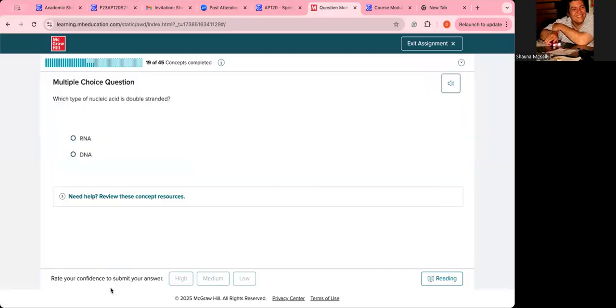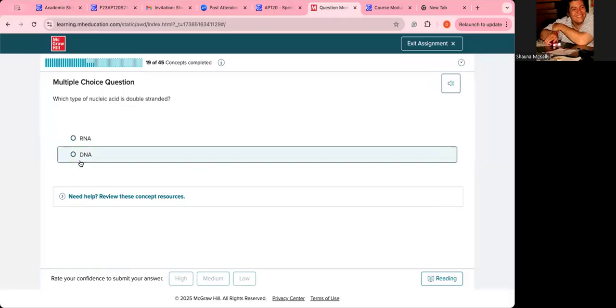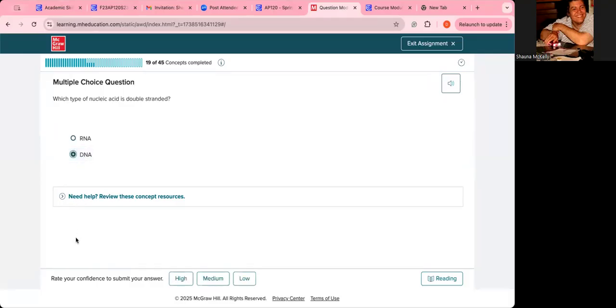What type of nucleic acid is double-stranded? DNA, right? Because RNA is a single strand. It's one piece. DNA is two pieces joined together. Good job.